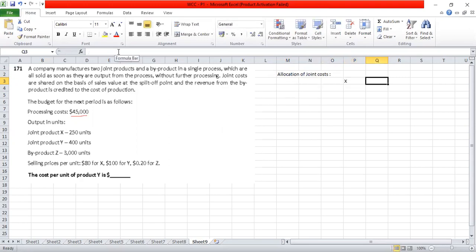There are two main products, one is X and one is Y, and the last one Z is a byproduct. How many units are produced? Units produced are 250, 400, then 3,000. The selling price is given.